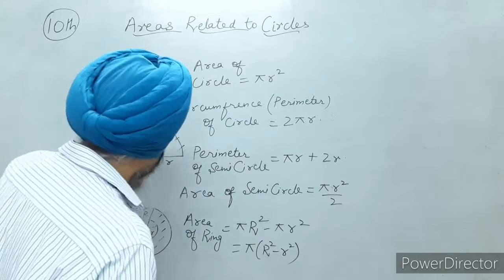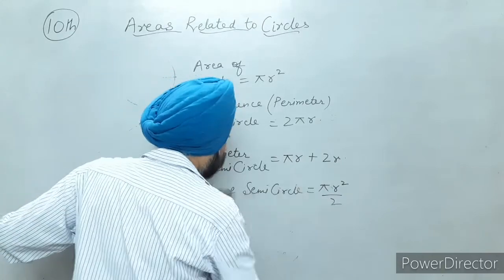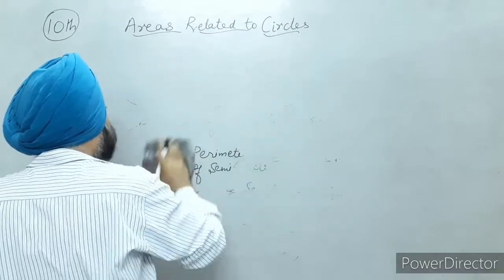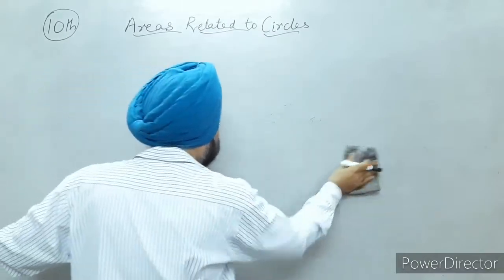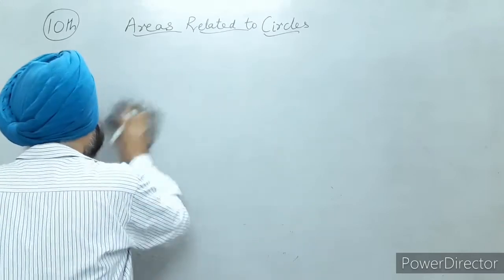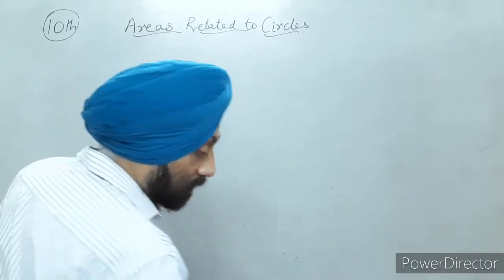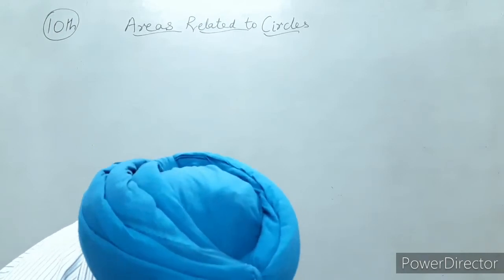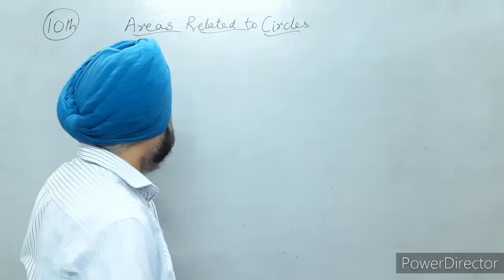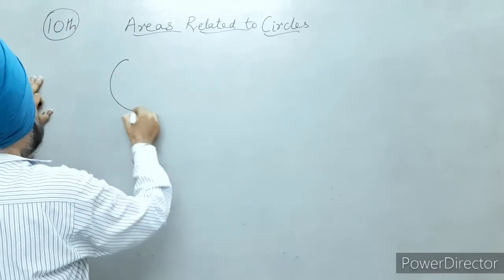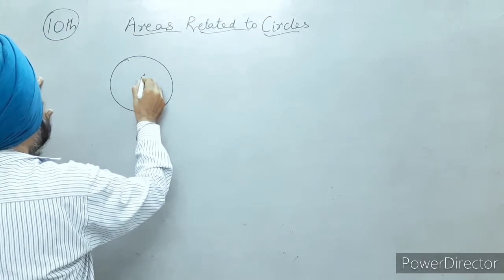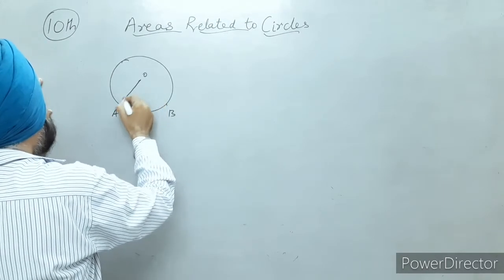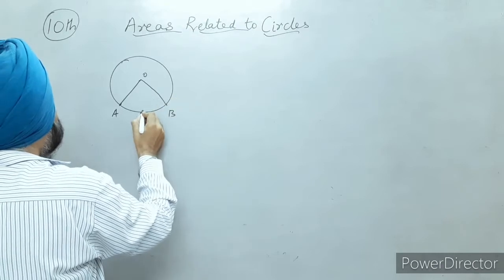Now, more formulas to come up. Area of the minor segment, area of the major segment, area of the minor sector, area of the major sector, and so on. Now look here. Next is this. This is O, A, B. Right?